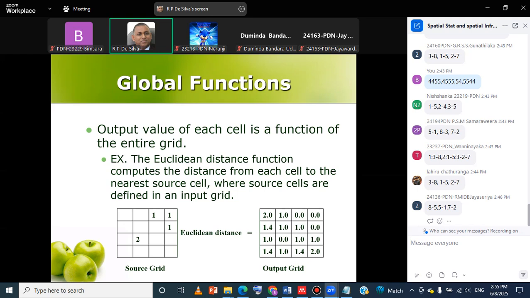So, Euclidean distance, not like Manhattan distance, you can travel north, east, south, west, in addition, northeast, southeast, southwest, and northwest directions. So you can move in 8 directions, so that you can define the nearest, shortest distance from one point to another, aerial distance.